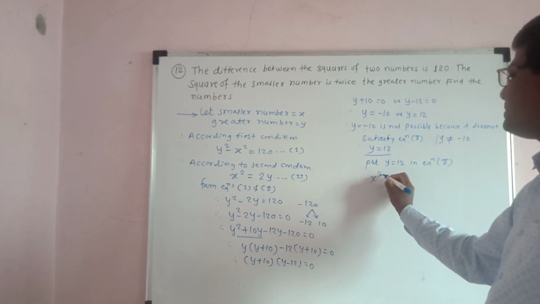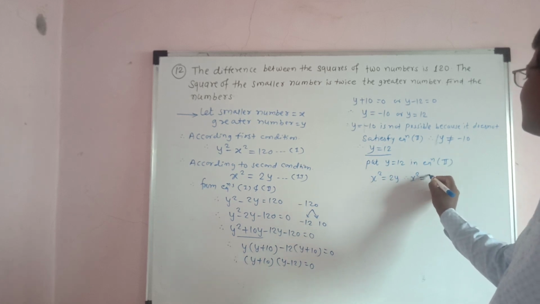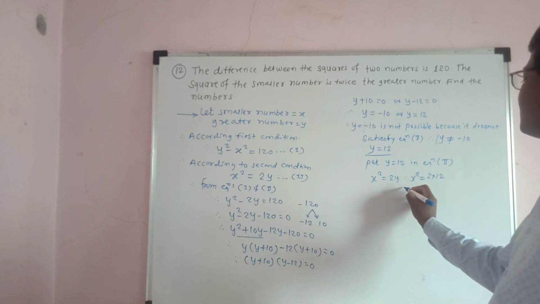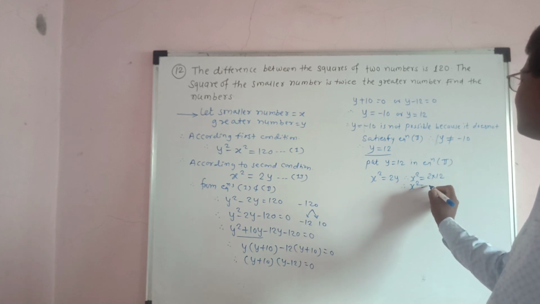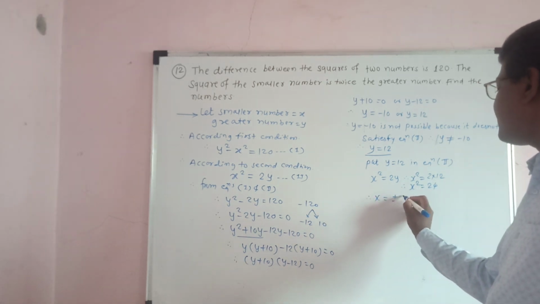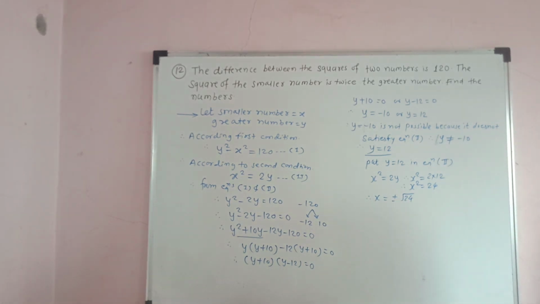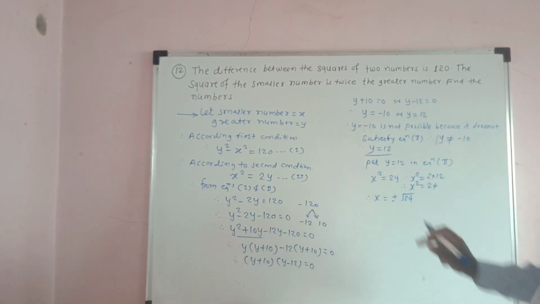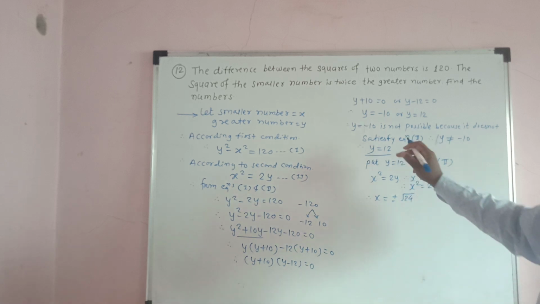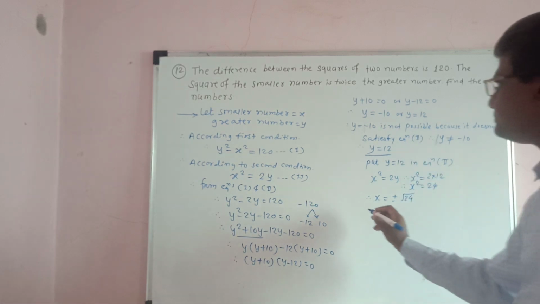Therefore equation 2 will be x square is equal to 2y. Therefore x square is equal to 2 into 12. Therefore x square is equal to 24. Therefore x is equal to plus minus square root 24. So the numbers are square root 24, 12, and minus square root 24, 12.